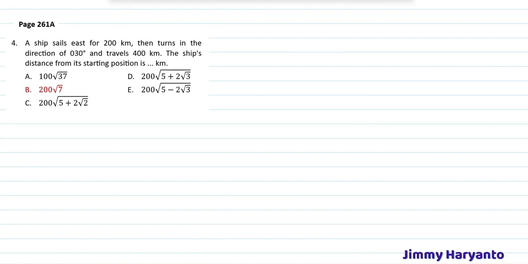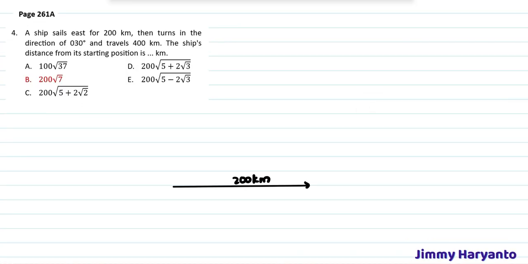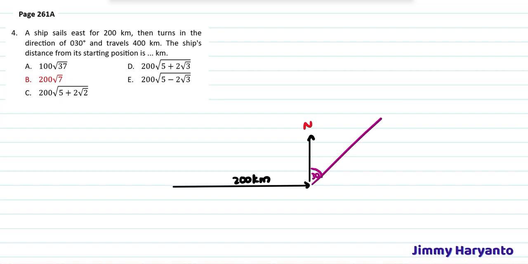And then next question is question 4. A ship sails east for 200 kilometers. Okay, east means go to the right. This one is 200 kilometers, and then turn in the direction of 030. Okay, 030 means you draw the north first, and then you will measure 30 degree like that, and then the ship will go there.